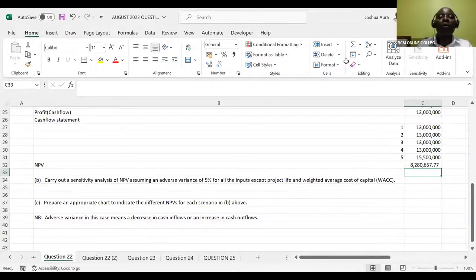What do we know about sensitivity analysis? In sensitivity analysis, we vary, we change variables in a model one at a time, and then you observe the impact of that change on that variable on the net present value.